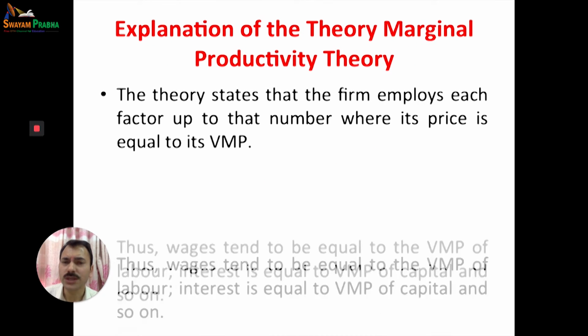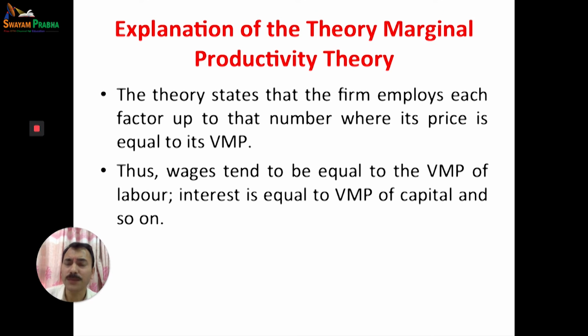The theory basically states that the firm employs each factor up to the point where its price is equal to the value of marginal product. Thus, wages tend to equal the value of marginal product of labor.